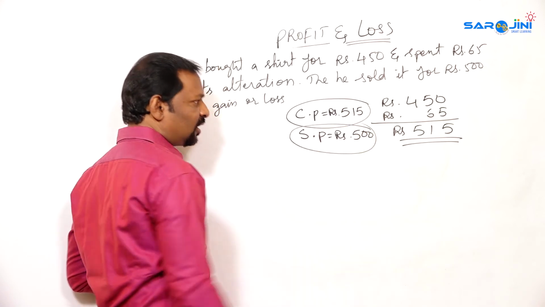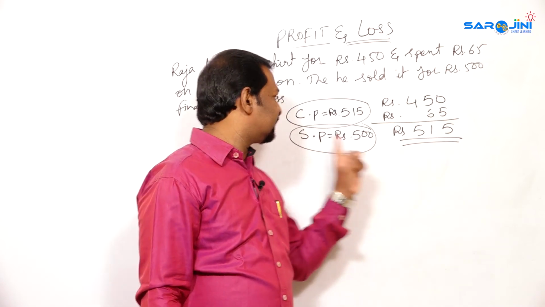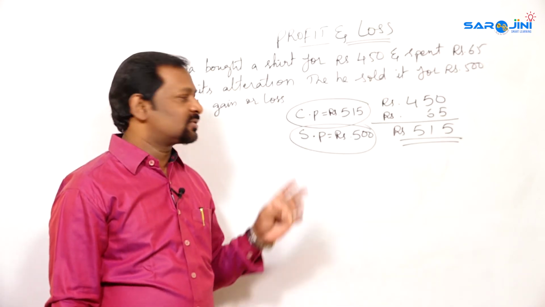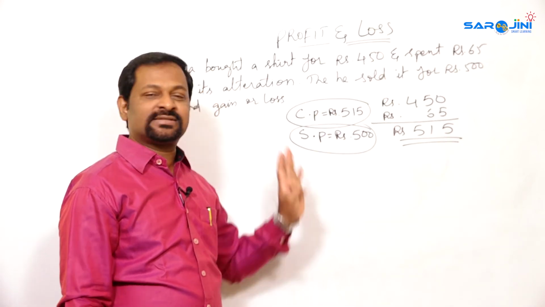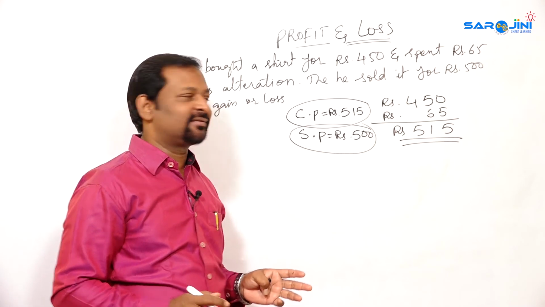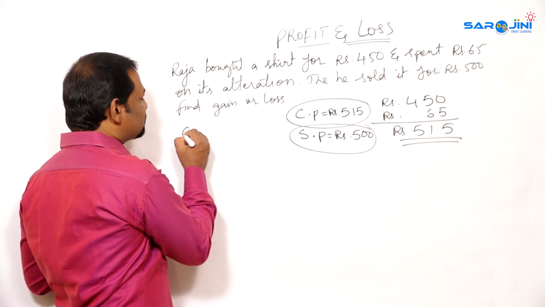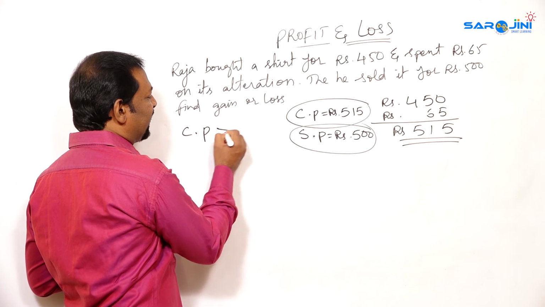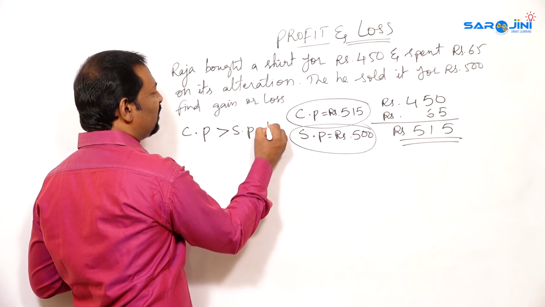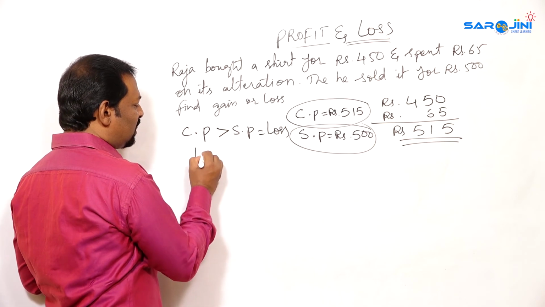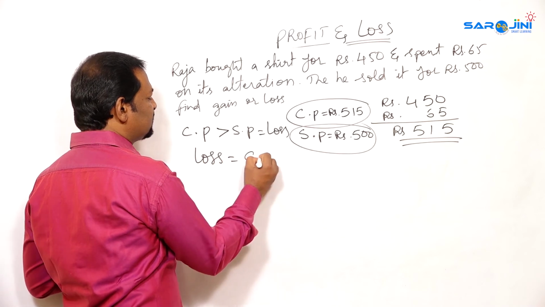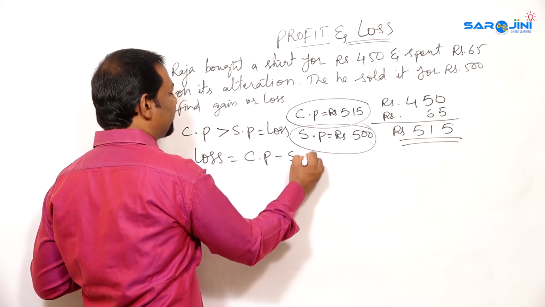So two things you have got. One is cost price, the other is selling price. By seeing this, you can guess which is greater. Here cost price is greater than SP, means loss. So loss is equal to cost price minus selling price.